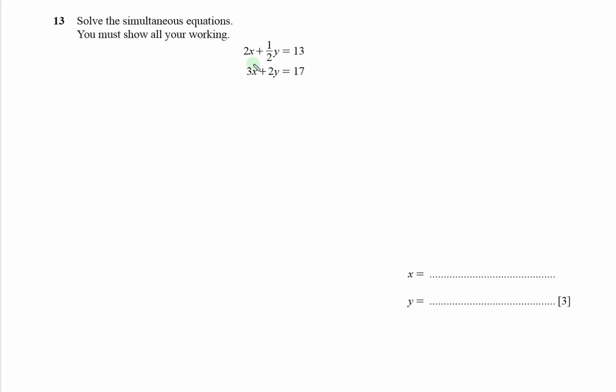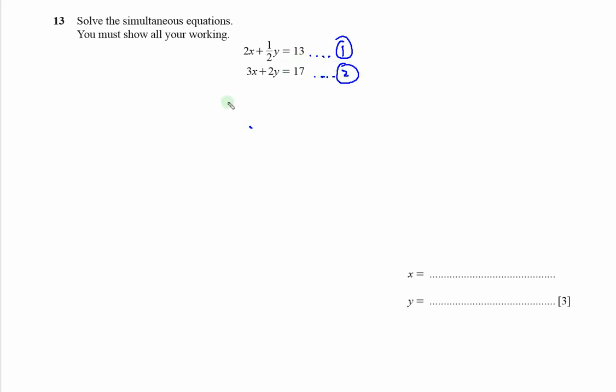Okay, simultaneous equations. Now you cannot just add or subtract the two equations. So what you have to do is see whether you can modify one equation, just one equation, in order to add or subtract. From what I can see, it is this one. Let's call this equation 1 and this equation 2.